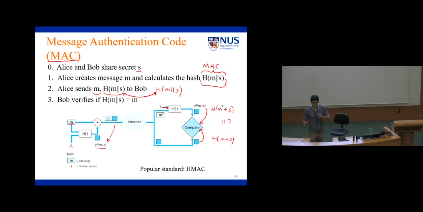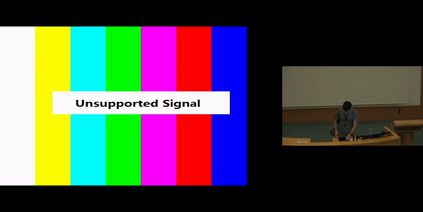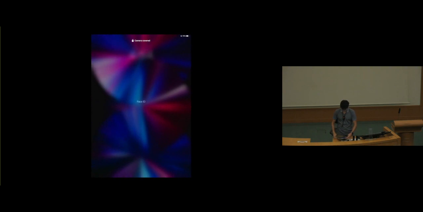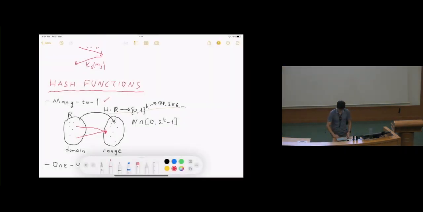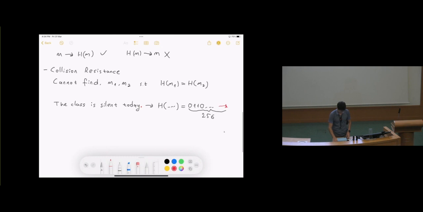M prime can be very close to the original message. But what did we learn just now? That is, even if you make a very small change in the message, this digest would be completely different. It's statistically just a normal digest that is completely different from the first digest.